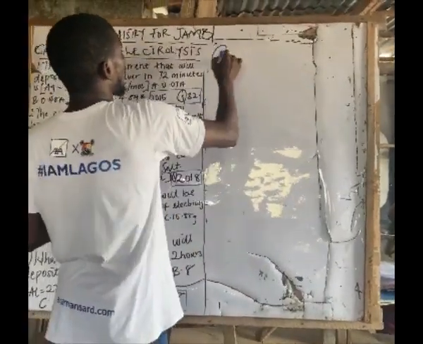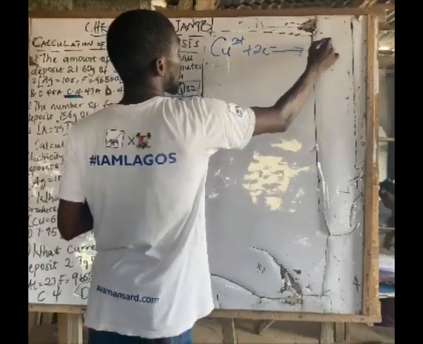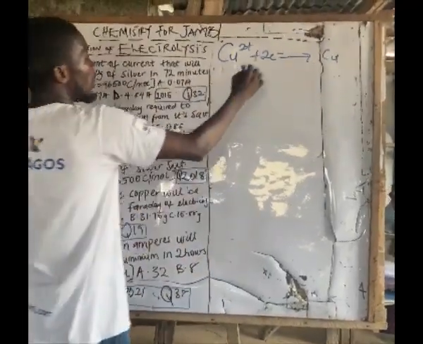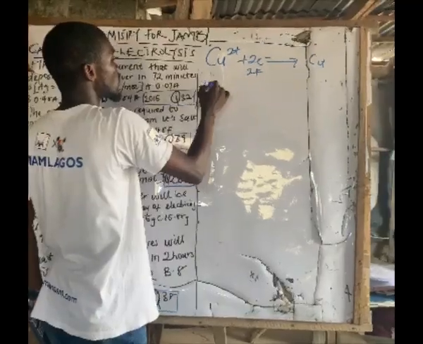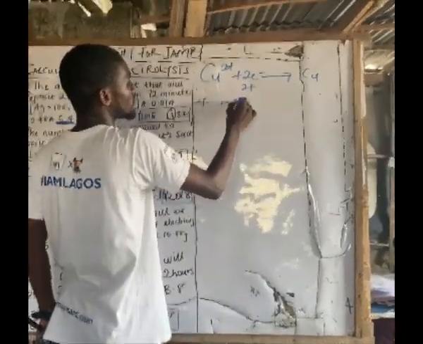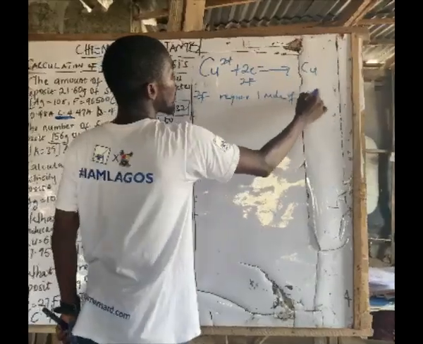Cu2+ plus 2e gives Cu. So now we have 2 Faraday here and 1 mole here. So 2 Faraday require 1 mole of copper.